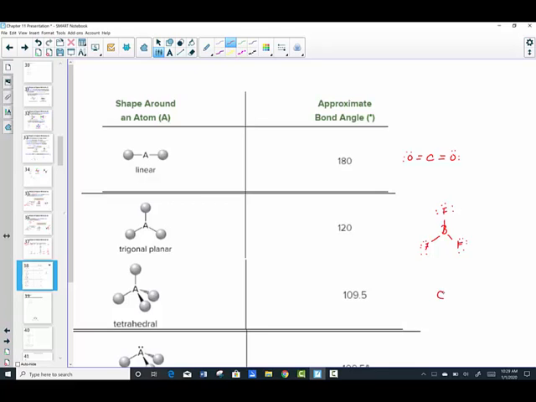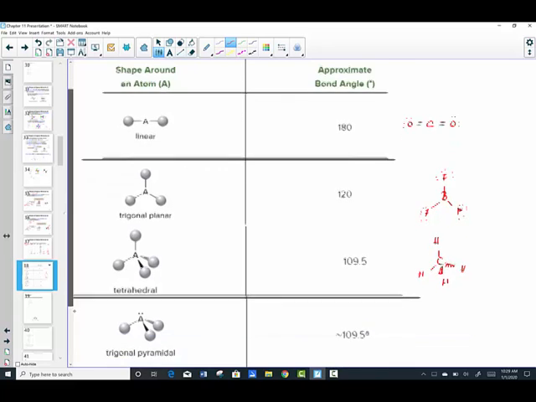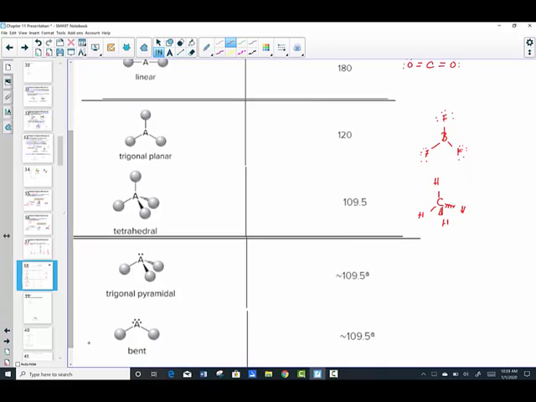Methane would be an example of a tetrahedral molecule. Methane, of course, with its 4 bonds. One of them would be dash, one would be wedge. You kind of remember that. And as the tetrahedral, 109.5 would be an example here. If instead of leading out to 4 atoms, it only led to 3 atoms and had a lone pair, the bond angle is reduced to approximately 107.